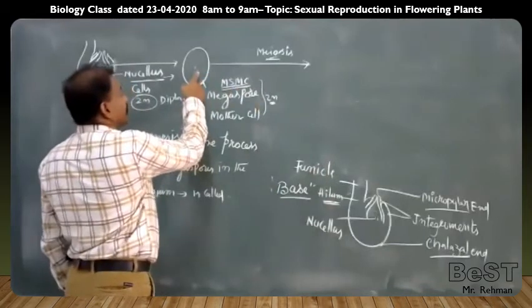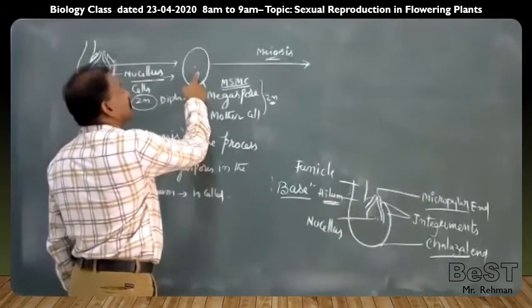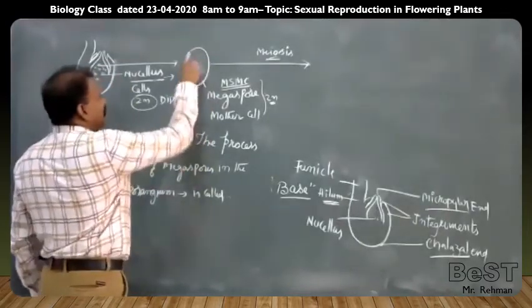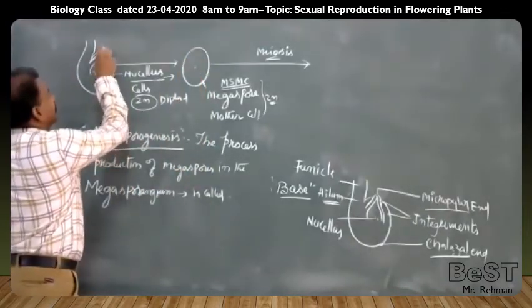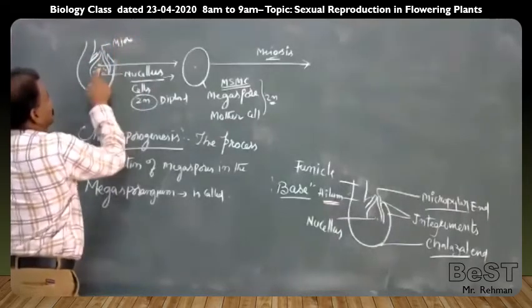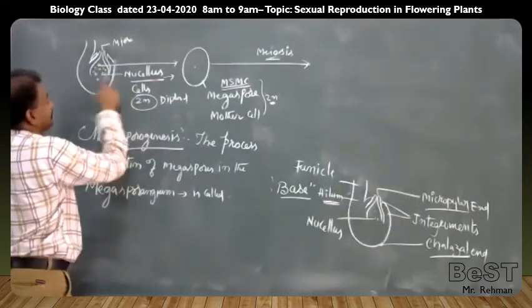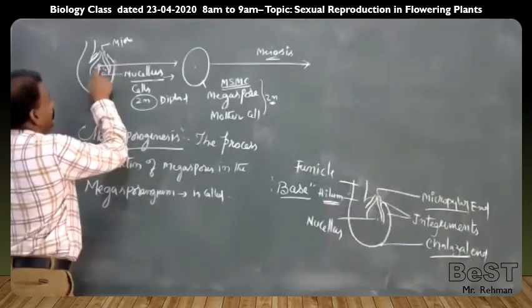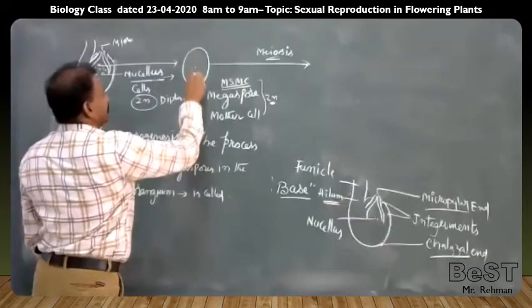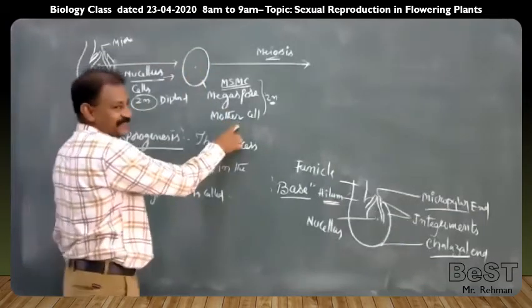Here a question comes: which megaspore mother cell? Neat question. The megaspore mother cell which is present towards the micropyle. The nucellus cell which is present towards the micropyle becomes enlarged, differentiated, and becomes the megaspore mother cell.